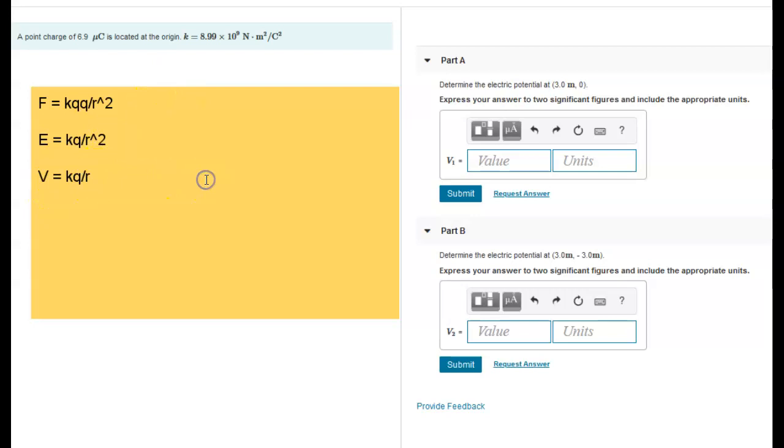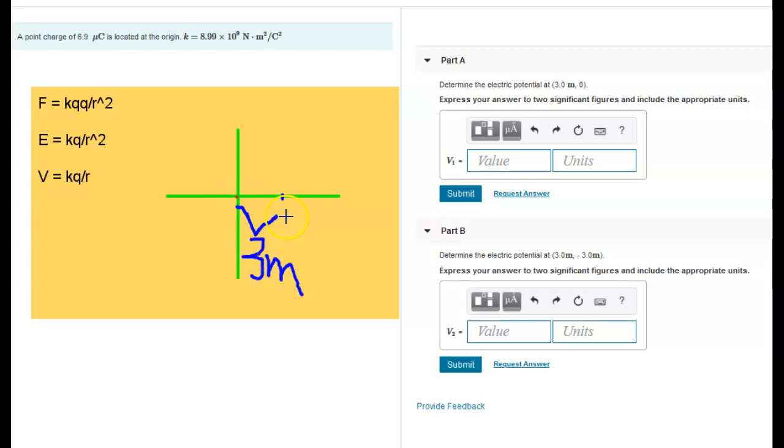V is equal to kQ over r, and that point is exactly 3 meters from my origin, or from my charge. So if we think about a coordinate system where my charge is at the center of that coordinate system, then at the point (3, 0), I will have my location exactly 3 meters away.